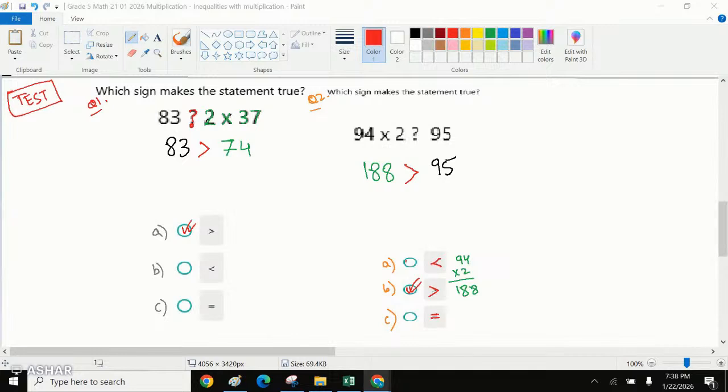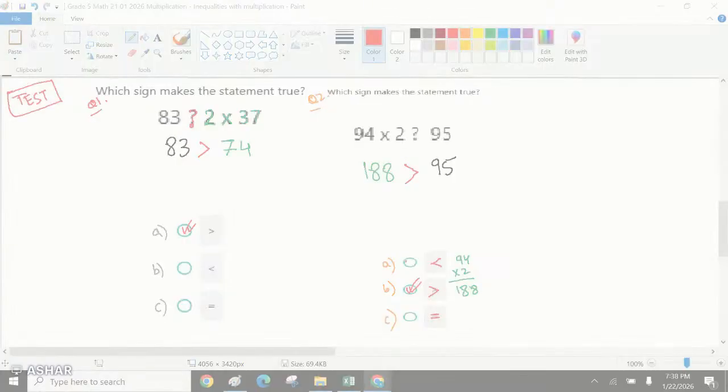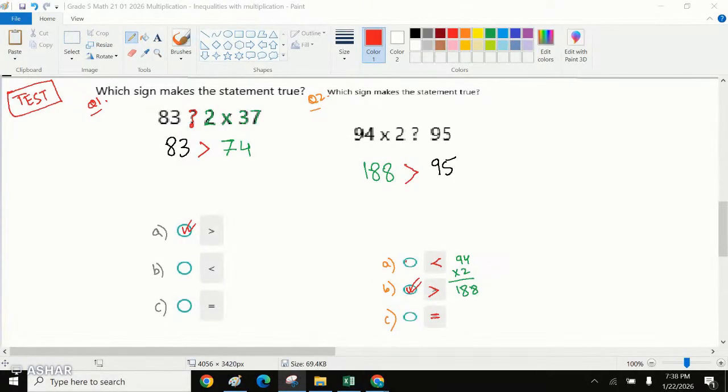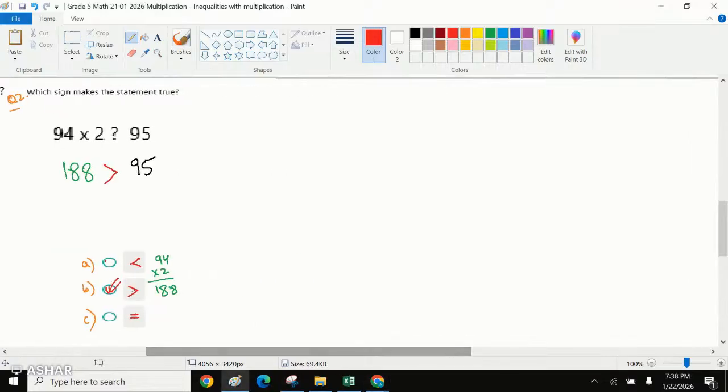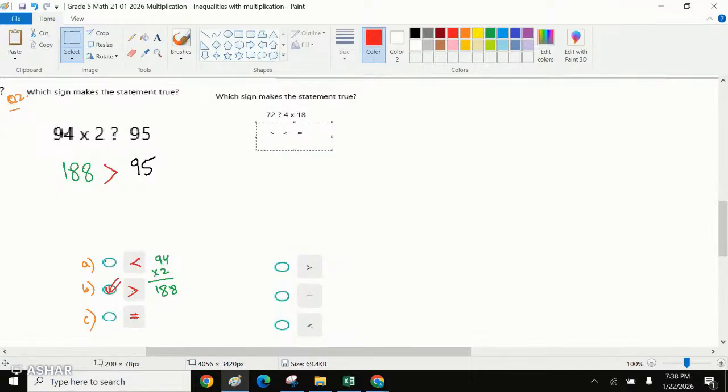Okay. Let's look at the next question. Which sign makes the statement true? For question number 3, this is our question number 3. These are the given options. And this was the given statement.